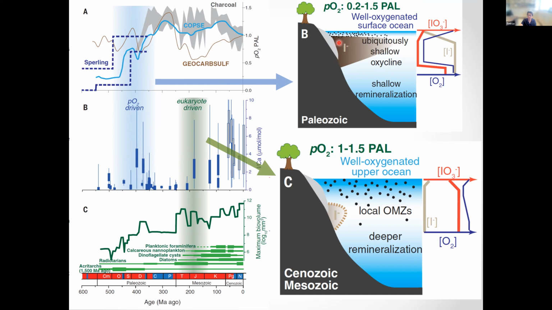But if there's a shallow OMZ ubiquitously occurring around the continental margin, then our proxy will still capture these relatively lower values. Only when the shallow OMZ starts to disappear or become less frequent can our iodine calcium show these relatively higher background values.